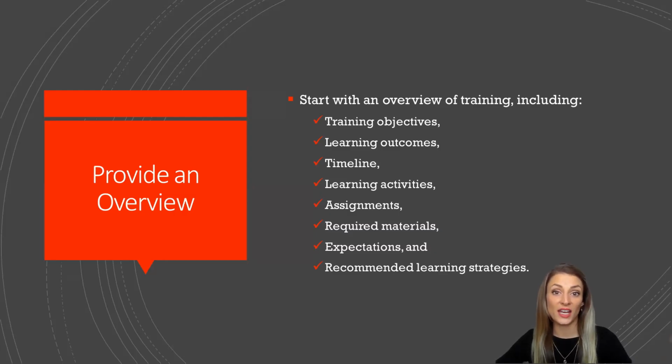At the start of any training program, it's extremely important for the trainer to provide a view of the big picture. Trainees need to know what's in it for them.